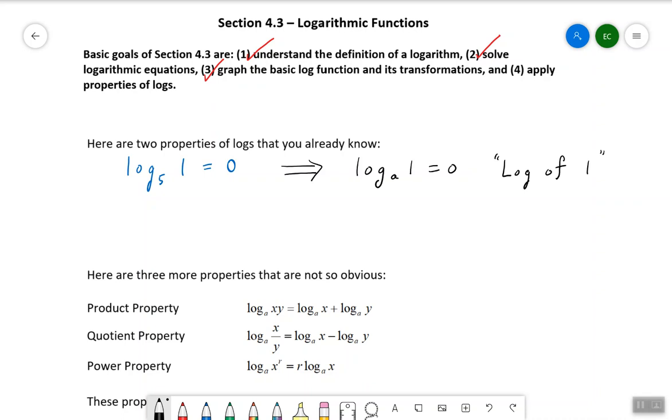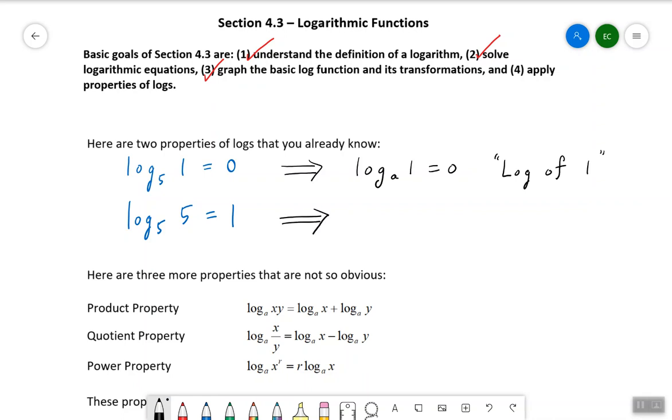And then the other property that you already know is something like log base 5 of 5. 5 to what power makes 5? That's the first power. And so we can generalize that a little bit.